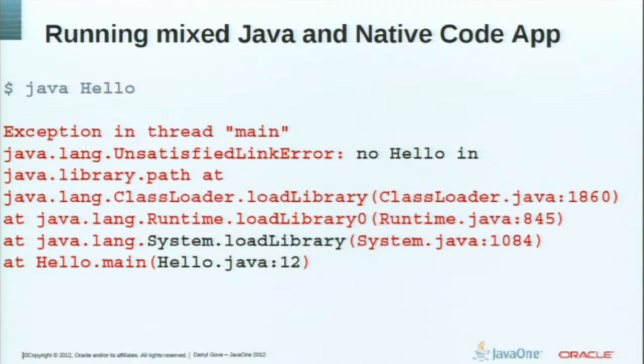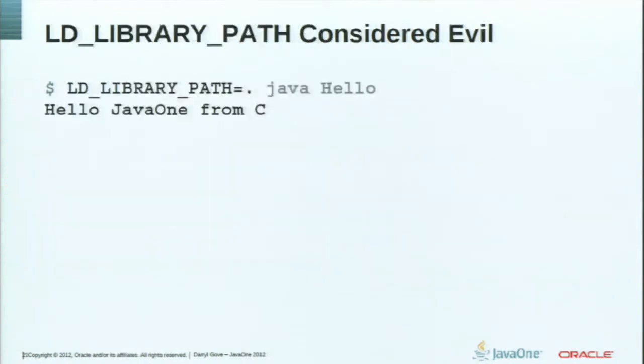And so I've obviously got to think about where this library is. It's not necessarily going to be on the path. So one way of doing it is to specify LD_LIBRARY_PATH to be the current directory. And then run it, and hey, it works. Brilliant. There's only two things wrong with that.